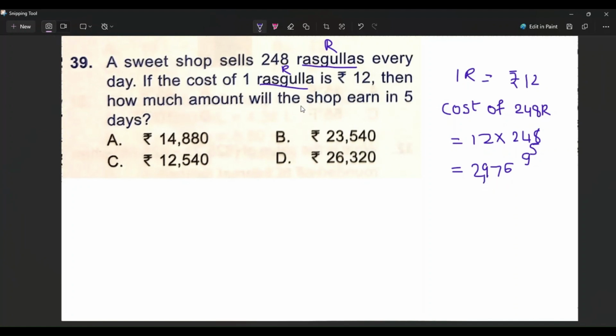So how much amount will the shop earn in 5 days? So we are supposed to find amount in 5 days. Amount earned in 5 days is equal to 5 into 2976.